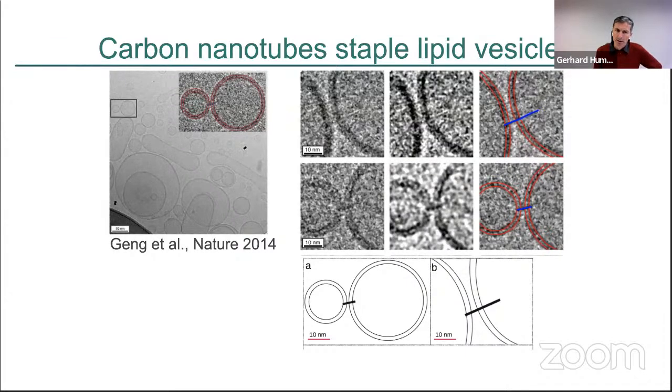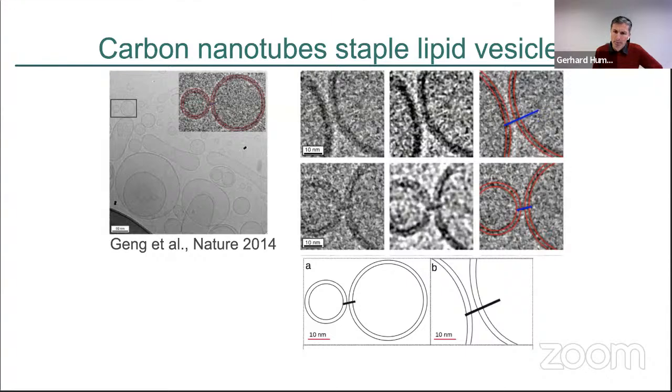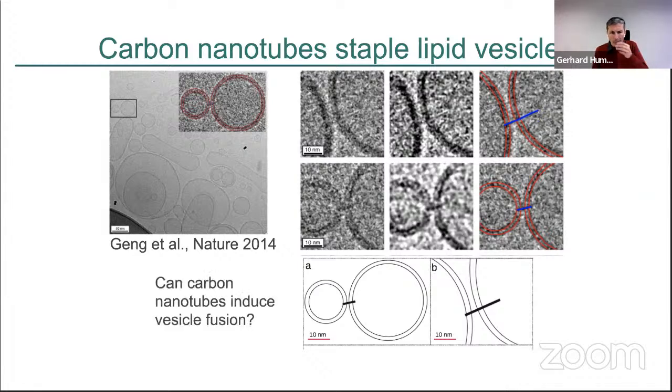As shown here on the left, two vesicles were brought into close spatial proximity with a bridging carbon nanotube. So one of the questions that we raised in our discussions in the group was whether these nanotubes could not just staple the vesicles, but bring them to fusion.